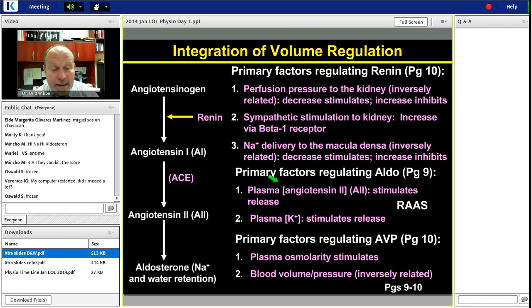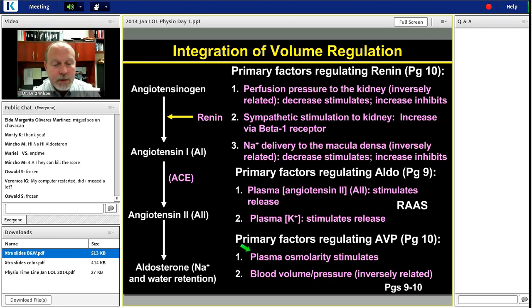Next, it's inversely related to blood volume and blood pressure. So if blood volume or blood pressure goes down, vasopressin goes up. Now again, very important negative feedback system. Vasopressin's job, what it does, vasoconstrict, but it also causes water reabsorption in the kidney.